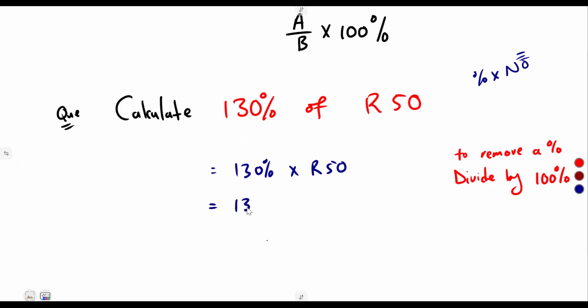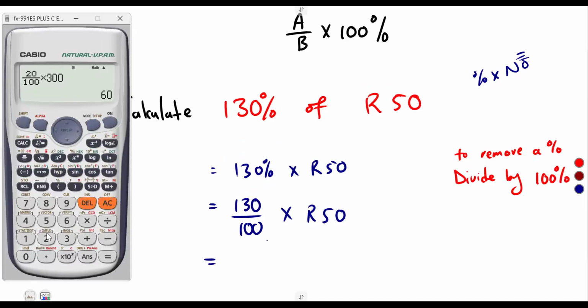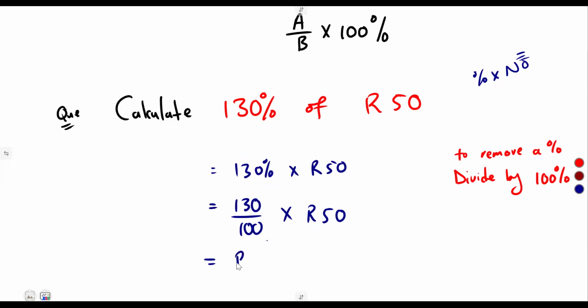Divide by 100. So it's going to be 130 over 100 times 50 Rand. So this is it. 130 over 100 times the 50 Rand is going to give us 65. So this is going to be 65 Rand. Okay, just like that. All right.